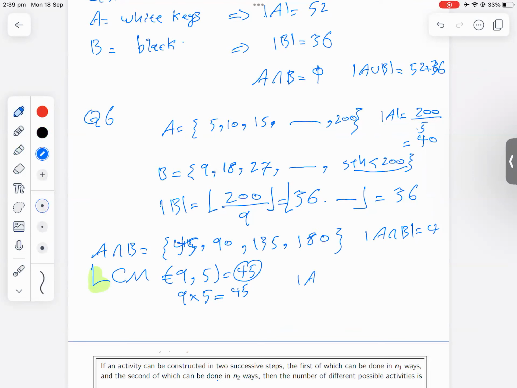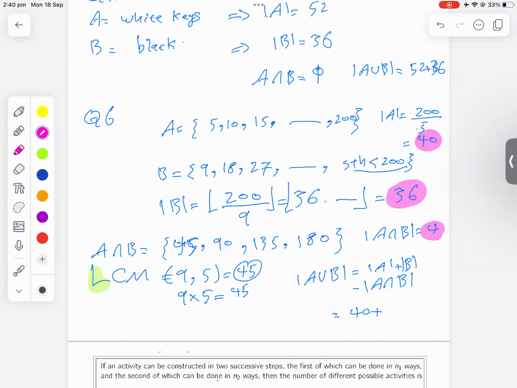So this will be A plus B, definitely minus A intersection B. So it will be 40 plus 36 minus 4, which will be 72.